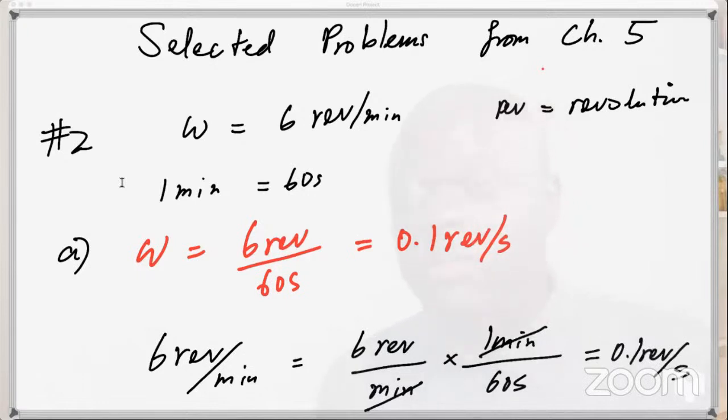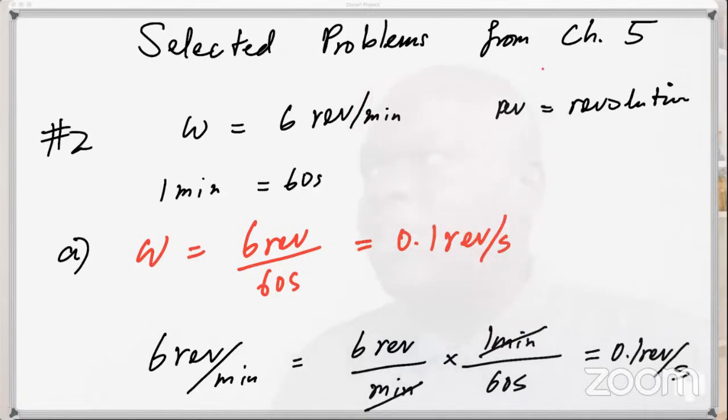So this problem is nothing but a unit conversion problem, even though it deals with rotational motion. You're not really using the kinematic equations, rather you're just converting from one unit to another. And you don't need to understand the details of rotational motion. As long as you have conversion factors, if they ask to convert from one thing to the other, you should be able to do that. So this is really like a chapter 1 problem.